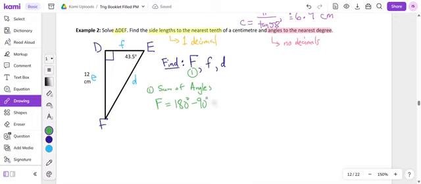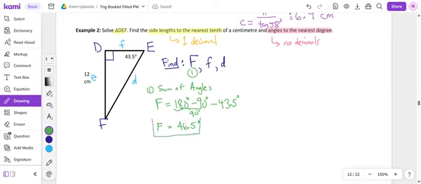Subtract 90 degrees, subtract 43.5 degrees. Before you rush for your calculator, let's see if we can figure this out in our head. 180 minus 90 leaves us with 90. 90 minus 43.5. Well, 90 minus 40 is going to be 50. But 90 minus 43 is 47. Good. And 90 minus 43.5 is 46.5 degrees.